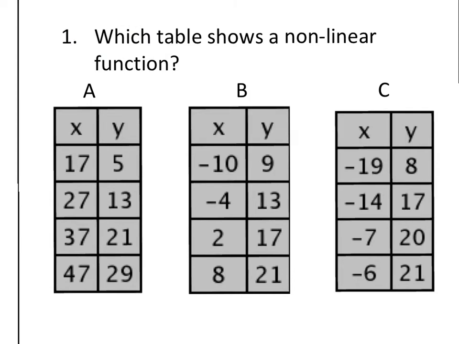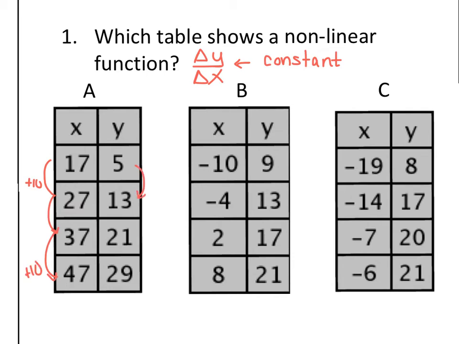Here we are given 3 tables, and it says, which table shows a non-linear function? So what we're going to do is we use the idea that we need a constant rate of change, which means between any 2 points, the slope has to be identical. So what I do is I first look at my x's, and I see it's going up by 10 consistently on each of these.